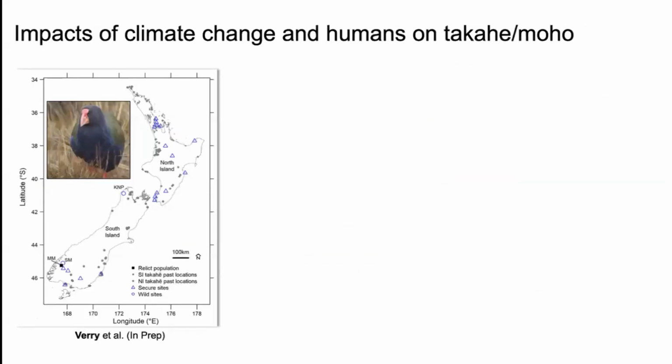But Takahe and Moho were everywhere across New Zealand, and the Moho is now extinct, and the Takahe is only found in the Murchison mountains and has been spread all around New Zealand where those blue shapes are.